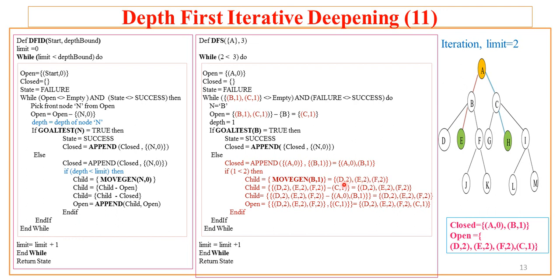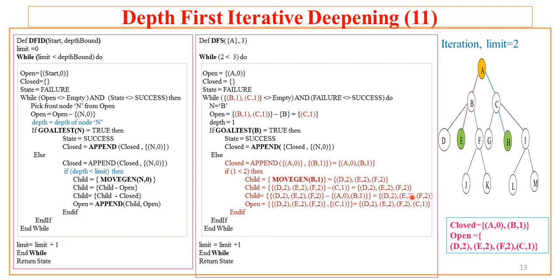Now from this child, the contents of open are removed, so there is nothing to be removed. And whatever is in the closed is also removed from the child, so there is nothing to be removed. So at the end D, E, F are the contents of child.